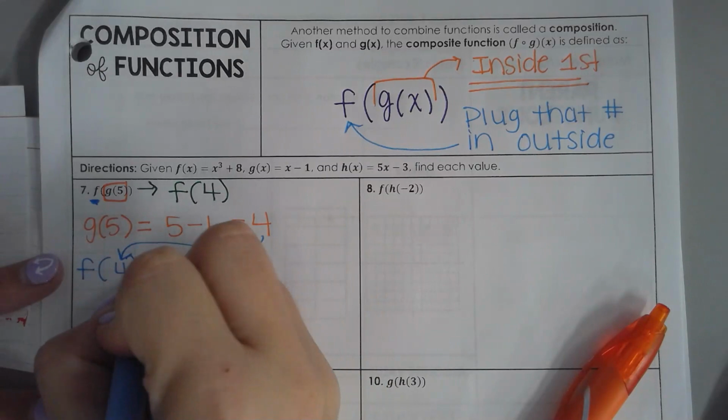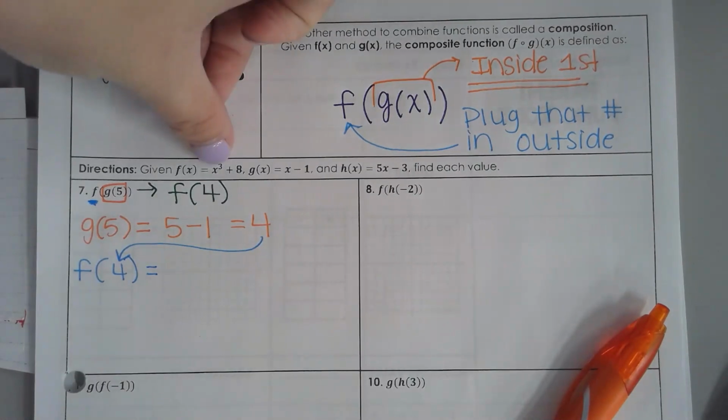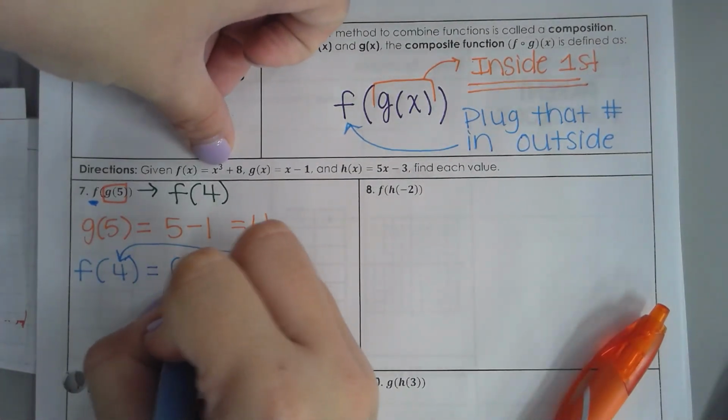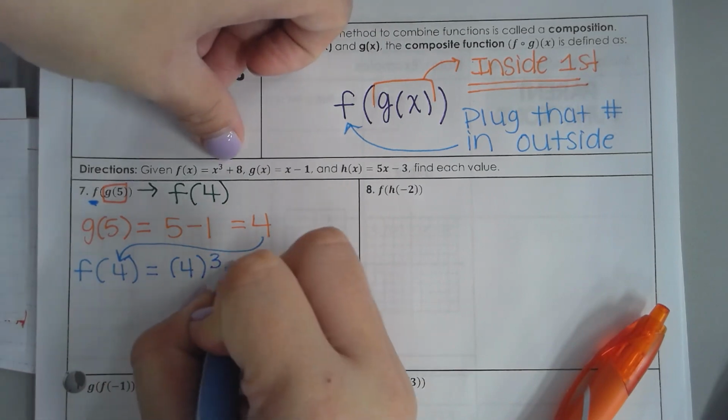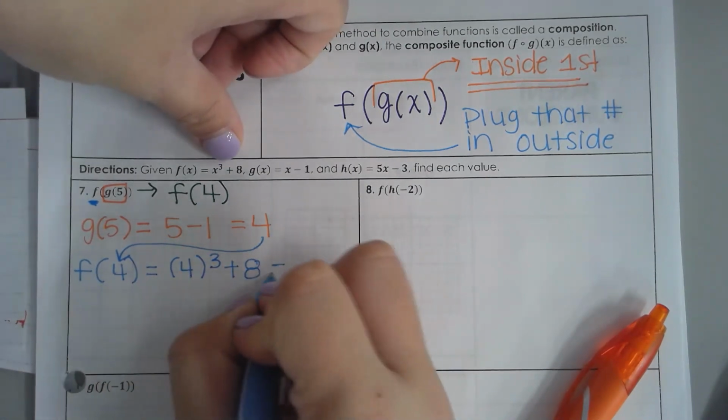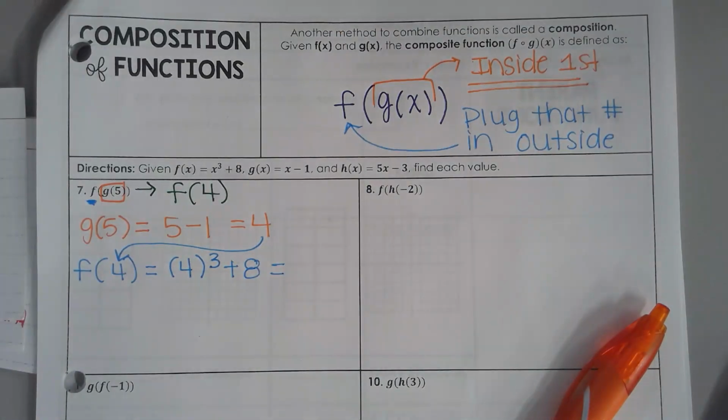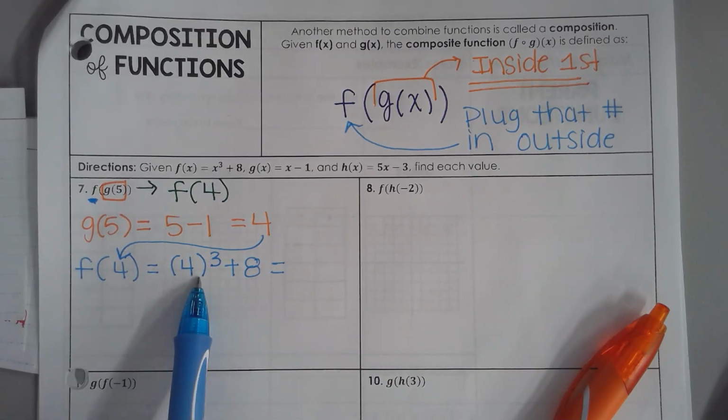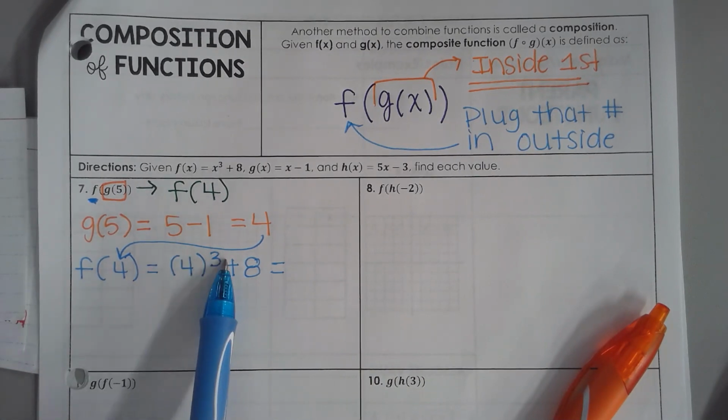So F of 4, I got to do 4 to the third power plus 8. So type that in. 4 to the third plus 8.